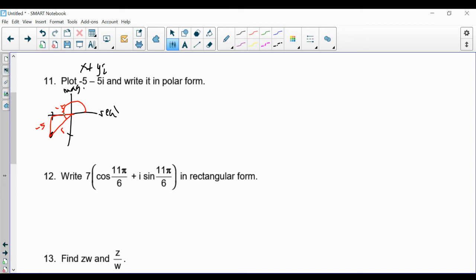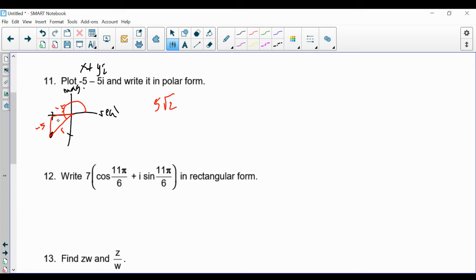So that way it's a 45, 45, 90 because the legs are the same, which means our R value is 5√2. And we're always going to make our R positive when we're converting. It just makes our lives easier. We don't have to worry about switching angles or anything like that.